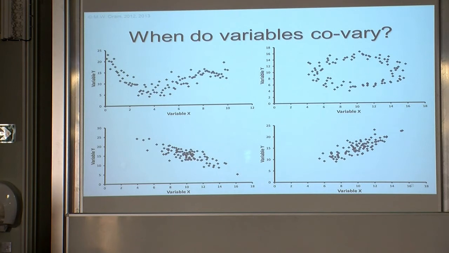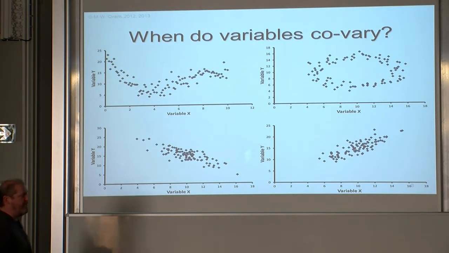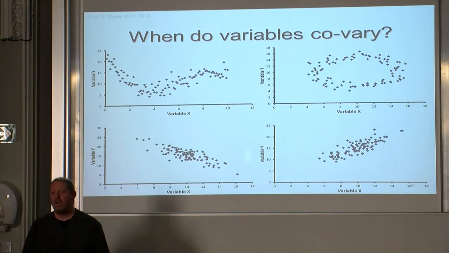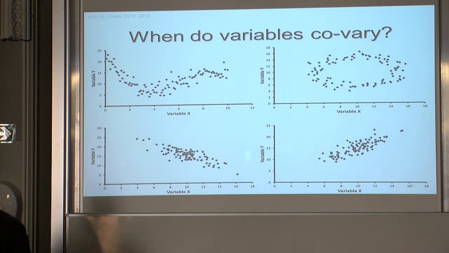So here are examples of variables covarying. That is, if you know the value of x, you can make an informed guess as to the value of y. So if x in this first plot is a low value, the y variable is likely to be high. It dips down and then comes up again.